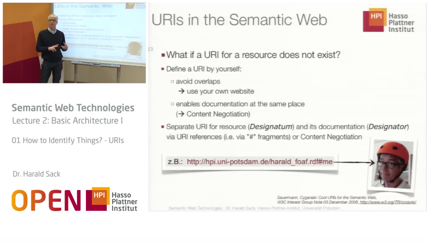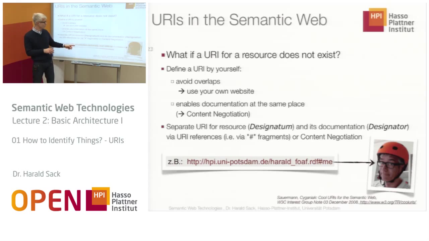So, it's not sufficient in the end that I create a URI for myself. I should also describe myself. So I should provide a resource with a representation of information about myself for documentation, as you can see here. So for example, I myself cannot be transferred via the HTTP protocol, but information about me can be transferred.